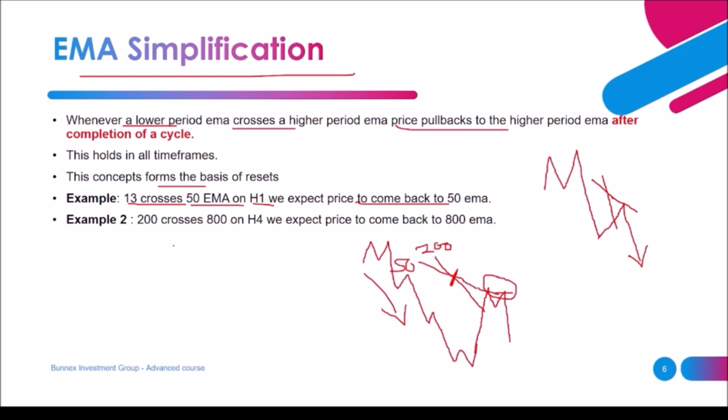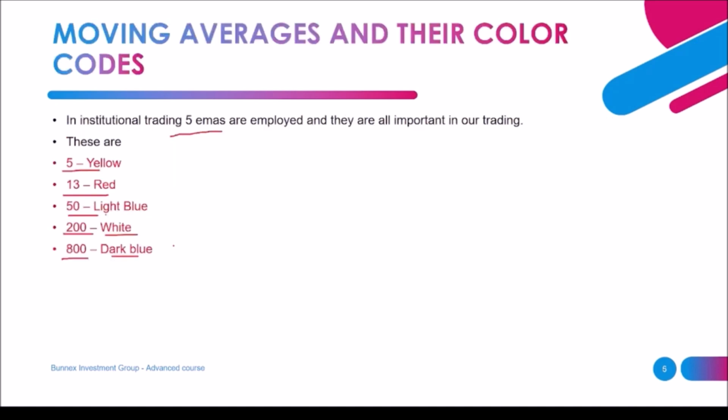So whenever we see two EMAs crossing over, we will anticipate the market coming back to retest those zones. However, someone might have a question: what if we see a 50 EMA crossing an 800 EMA? Can we respect such a crossover?